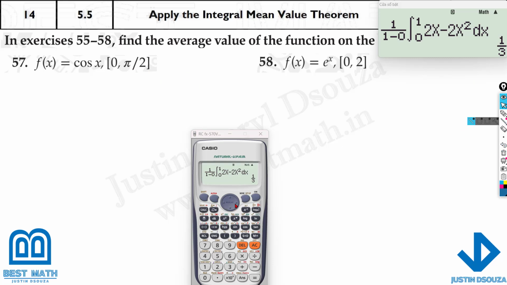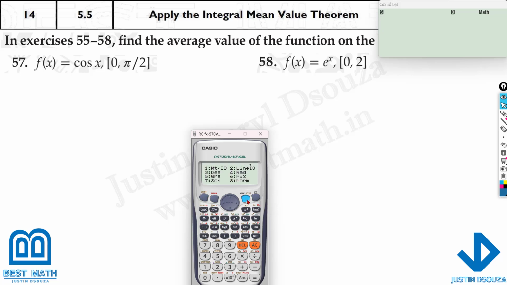What about the other problems? We can do the same thing here. First thing is, since it's a trigonometric function, shift mode and 4 for radians. Whenever you see trig functions, you can leave it in radian mode itself, because even these other problems can be solved in radian mode and you'll get the correct answer. It's 1 by pi by 2 that is given over here.